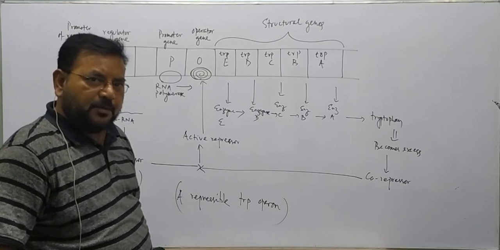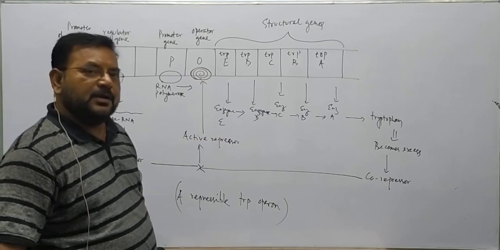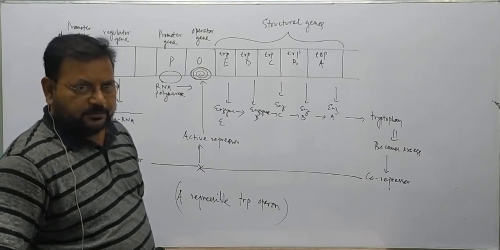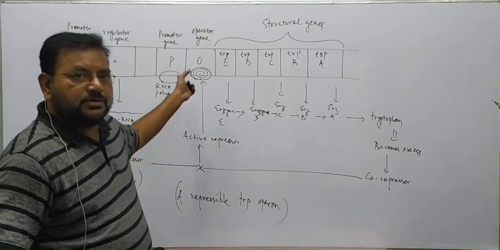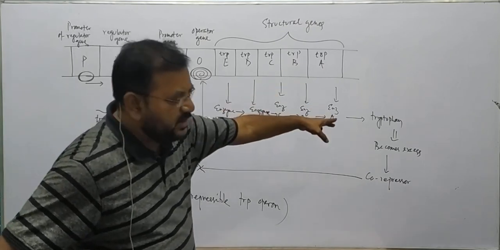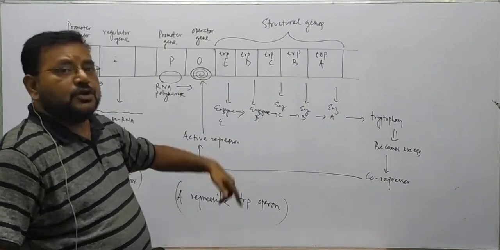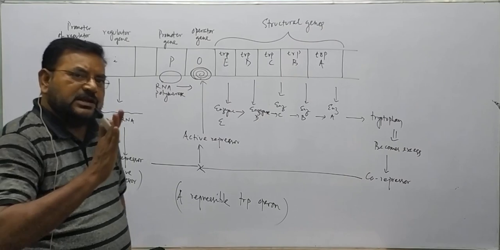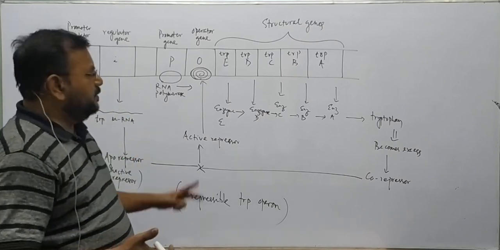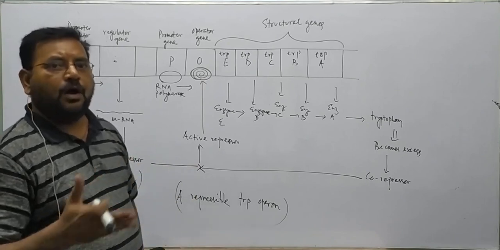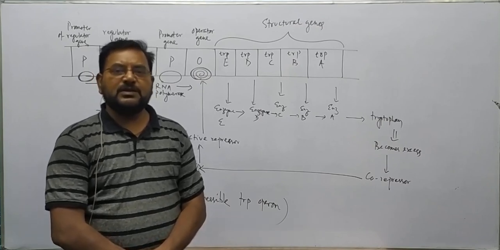In the inducible lac operon, it remains switched off and it becomes on by an inducer. But in the trp operon, it remains in the switched on condition, but by accumulation, the end product itself acts as a repressor, so it turns the operon switched off. So in an inducible operon, it is from off to on, in a repressible operon, it is from on to off. So this is the overview of the regulation of gene expression.